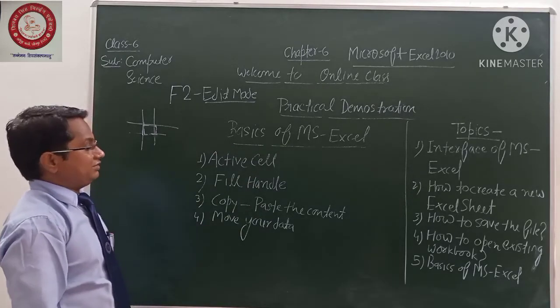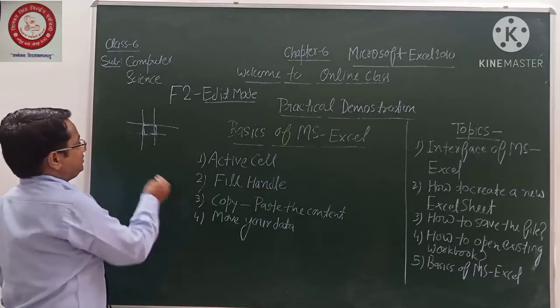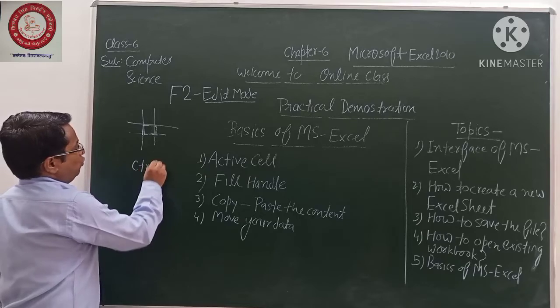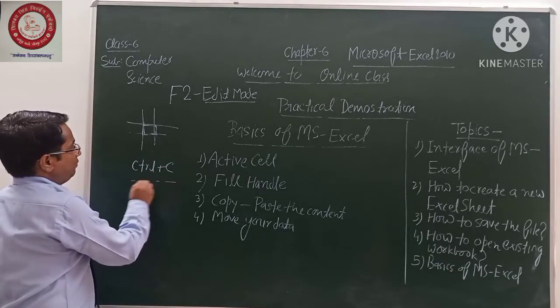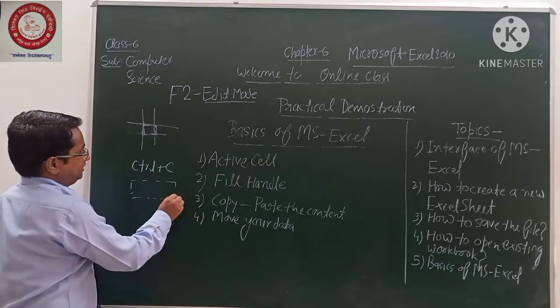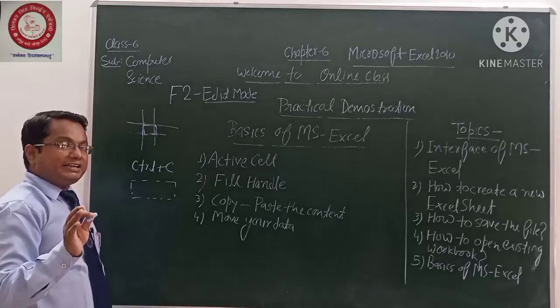Next is copy paste, very simple. Once you press Ctrl C, a dotted border appears around the cell. It means the content is already copied.